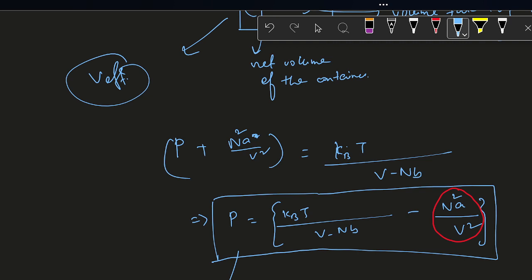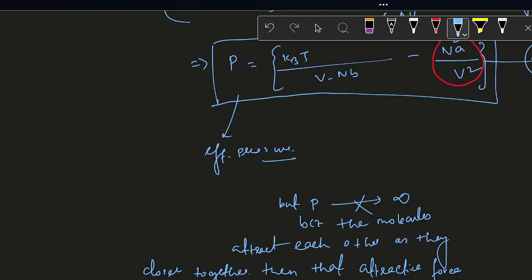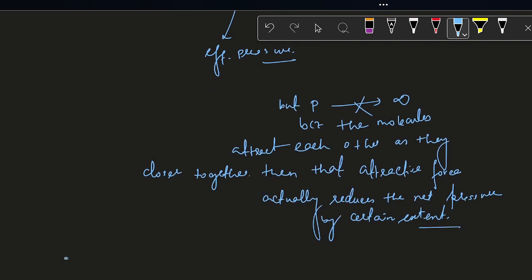Capital N by V is the number density of molecules in the gas, the number of molecules per unit volume, so rho equal to N by V. This reduction factor is proportional to rho squared times A, density squared into A. So A is a parameter that is related to the attractive interaction between the real gas molecules.